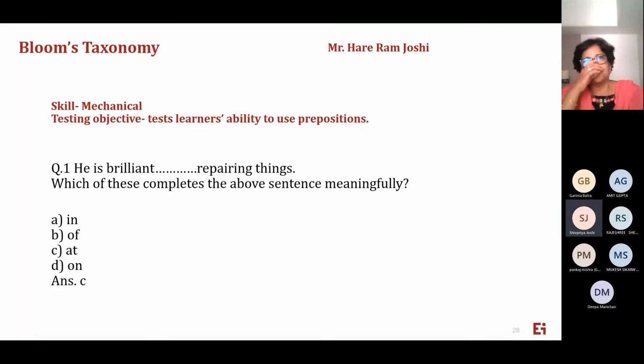Okay, sir. Do you agree with me? Whether this is mechanical? Yes, sir, I do. This question belongs to mechanical because, like you have said, brilliant, which preposition comes just after brilliant? It clearly says at.